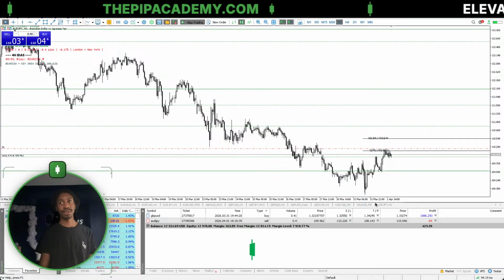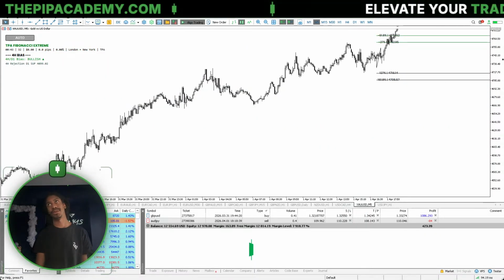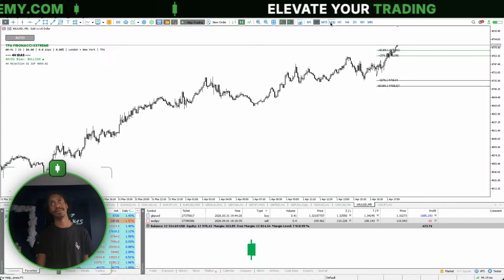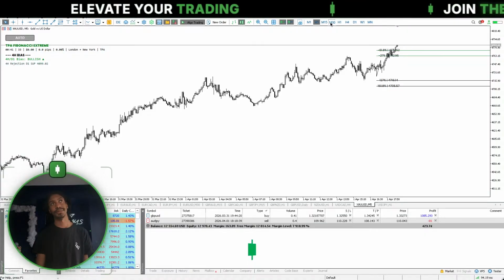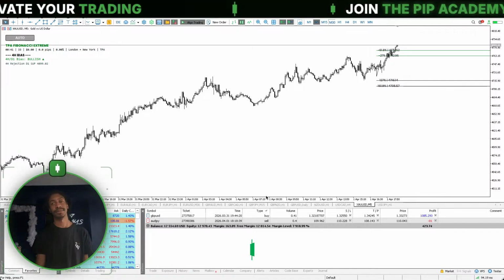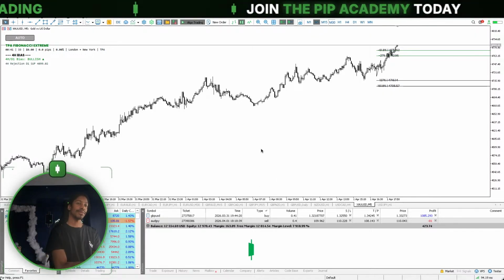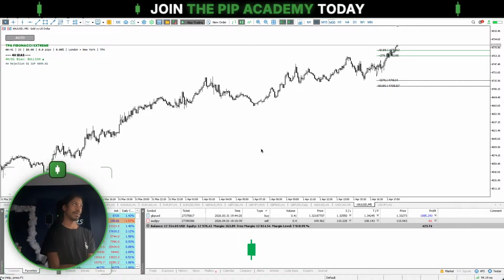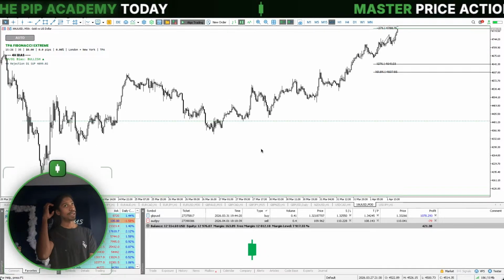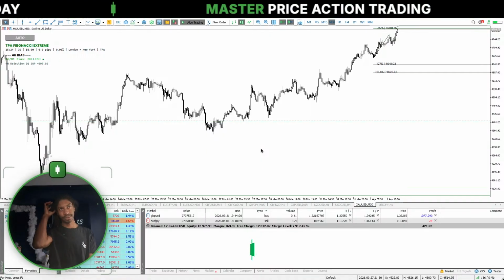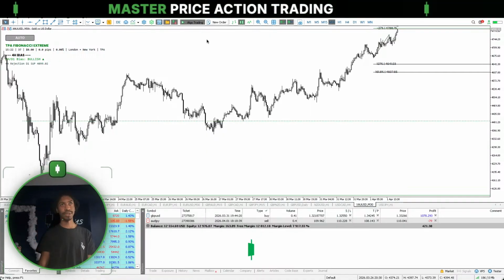This is doing its thing. Gold is branching up. I have too many. I'm not sure what it is, but I think it has something to do with the indicator.